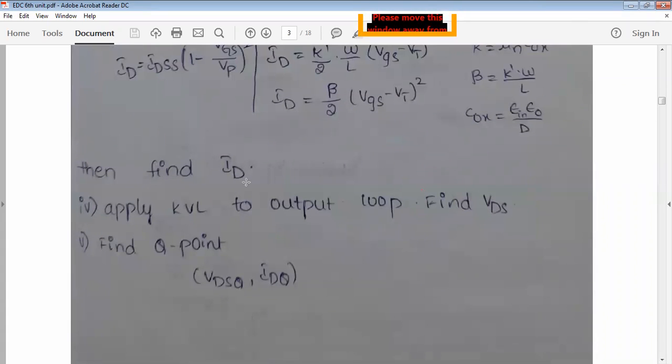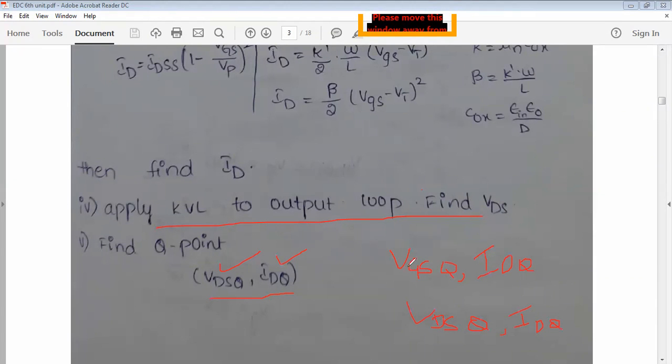Then the last step is, once you know ID, apply KVL to the output loop and find VDS. Now I have to find the Q point, VDSQ comma IDQ. With respect to the input, the Q point is VGSQ comma IDQ. The output Q point is VDSQ comma IDQ.